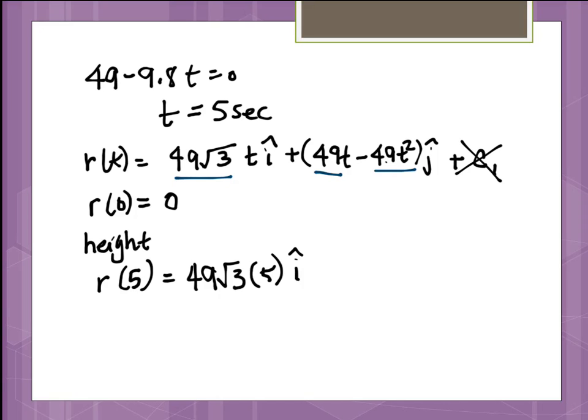It's just the j component, right? It's just the height. We don't care the distance along the x, we're just dealing with the height component. So r of 5, let me see. All right, let me write it out, and then I'll put in what I want.